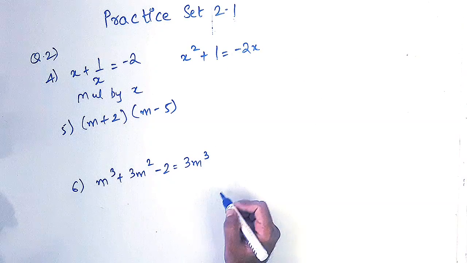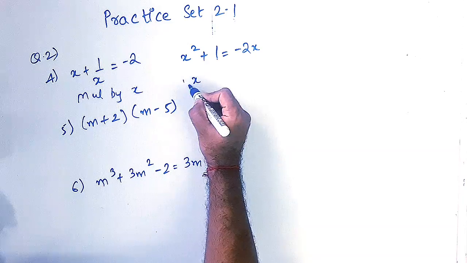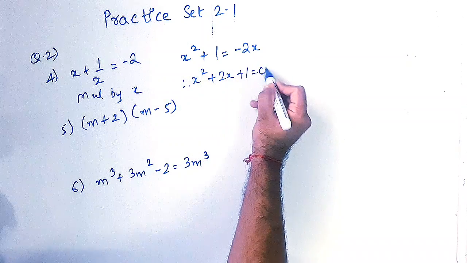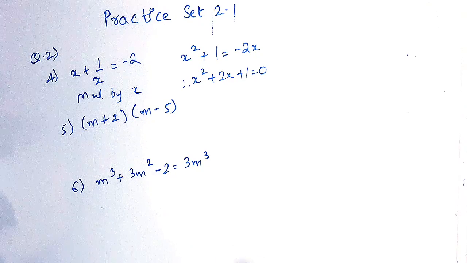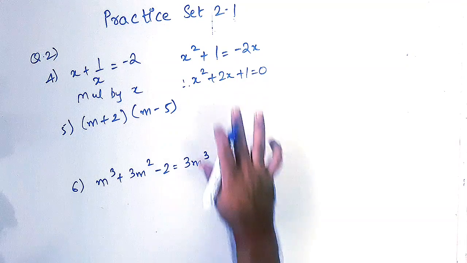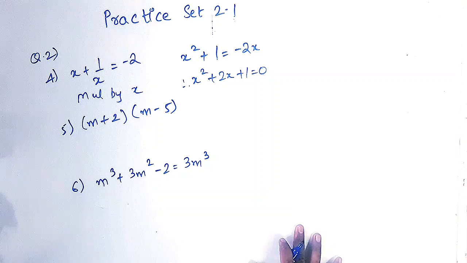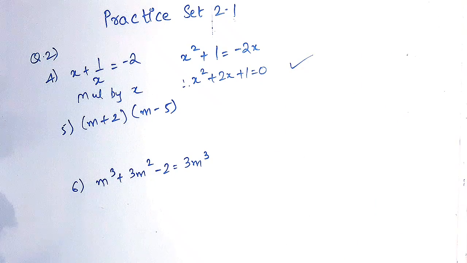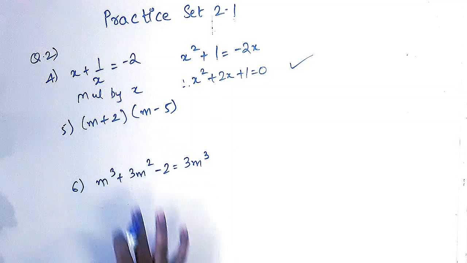If I arrange this, we'll get x square plus 2x plus 1 equals 0. As you can see, the highest degree is 2, so you will just write that it is a quadratic equation. Due to space constraints, I am not writing it here, but you can see it is a quadratic equation.